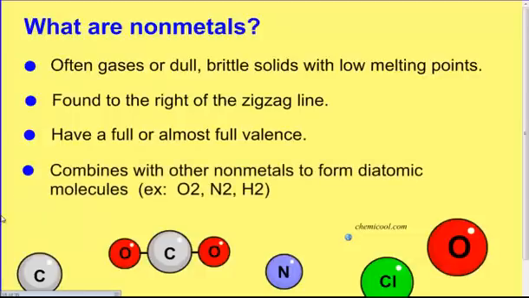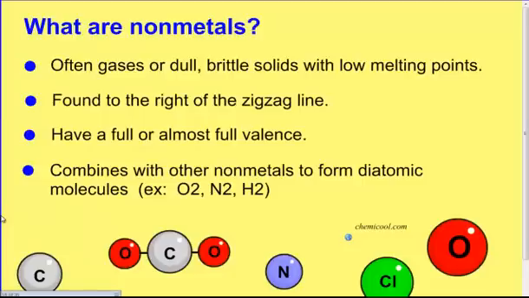You could get an oxygen bonding to another oxygen to get oxygen gas, with the formula O2. Nitrogen and nitrogen make N2, nitrogen gas. H and H make hydrogen gas. So nonmetals like to do that. It's called a diatomic molecule, meaning 2 atoms of the same element combining together.